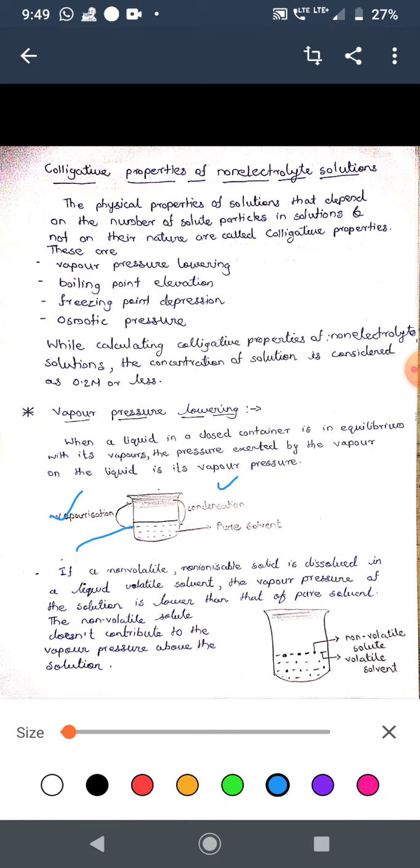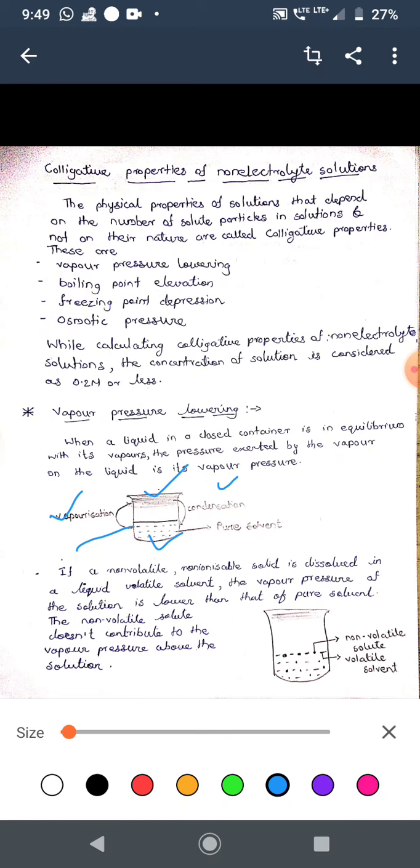At equilibrium, the amount of gas and the amount of liquid present in the beaker both remain constant. The number of molecules in gas form and in liquid form both remain the same. There will be no change in their number. And at this stage, we calculate the vapor pressure.